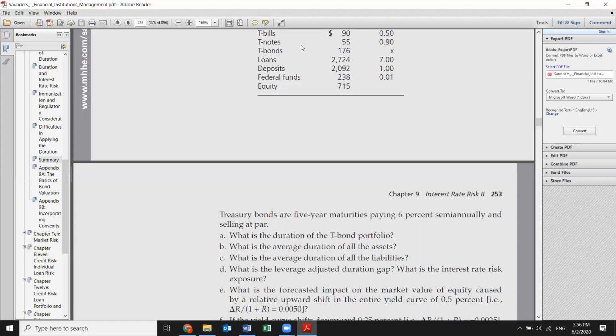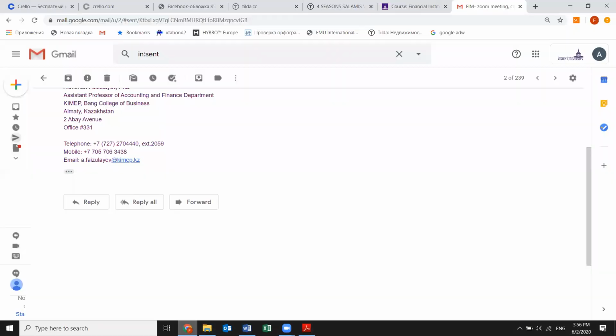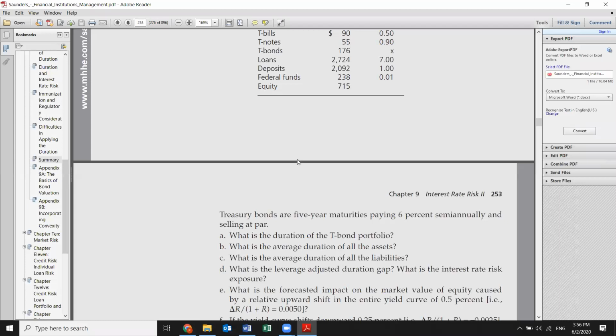Capital budgeting and cost of capital. In this course, you have 4 chapters. Okay. Capital budgeting and cost of capital. Okay, I got it.